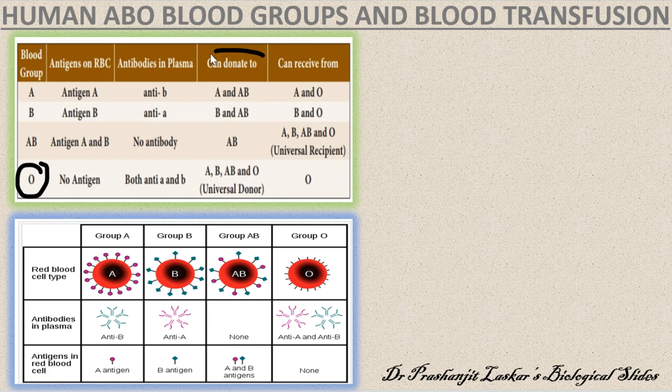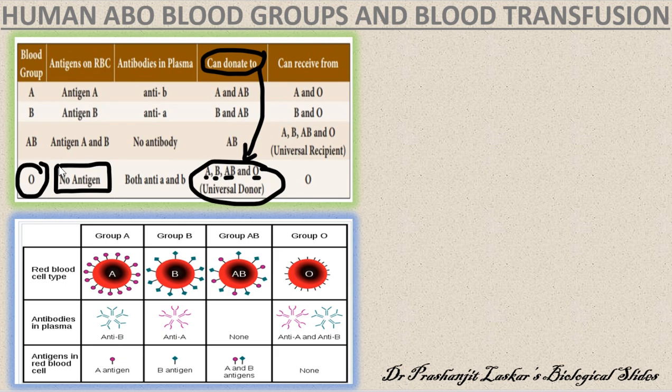Here it is written can donate to, that means O blood group can donate to A, B, AB and O blood groups. So the blood from O group can be given to persons of all four blood groups because it has no antigen to react with the recipient's antibodies, and therefore a person with O blood group is called a universal donor.